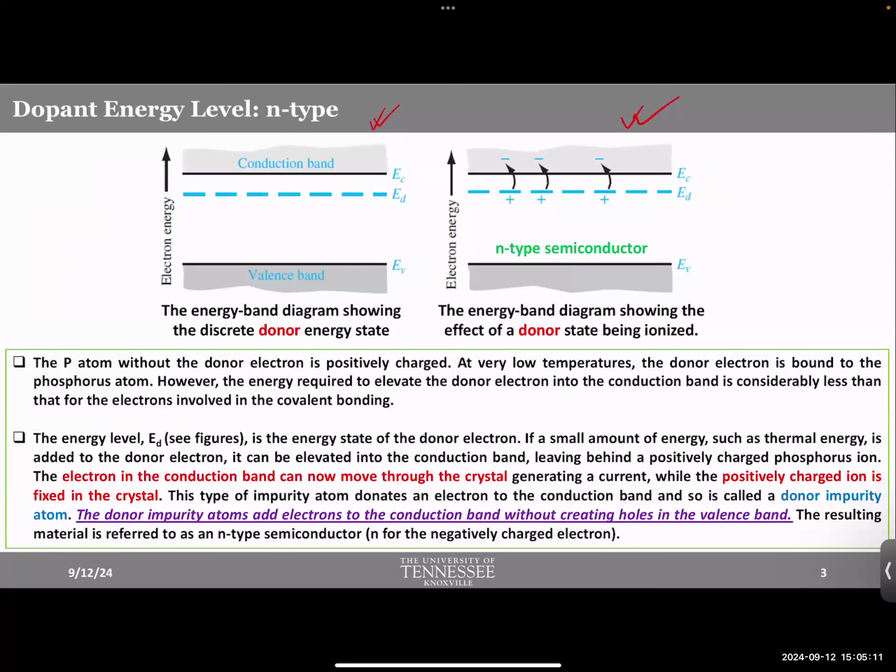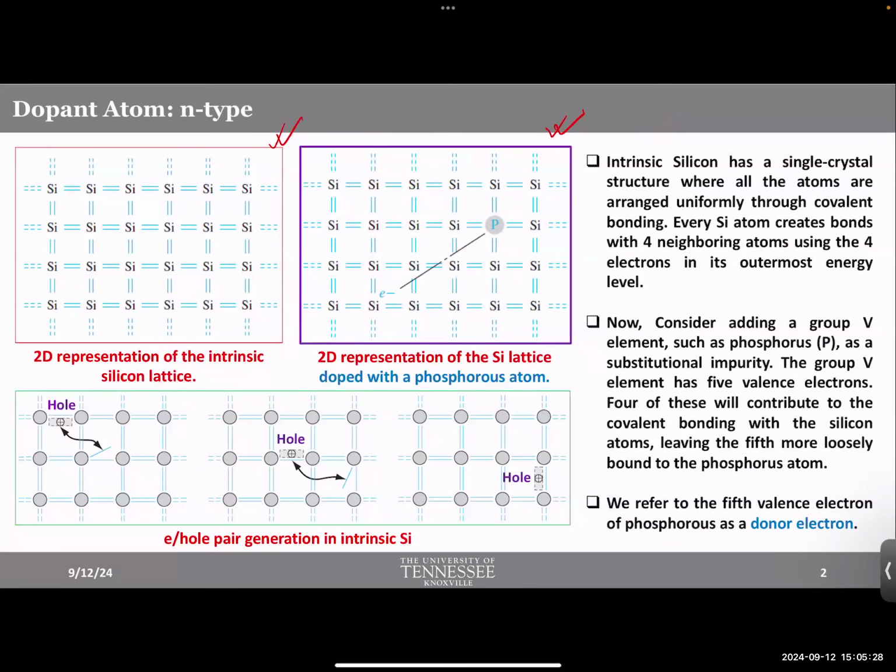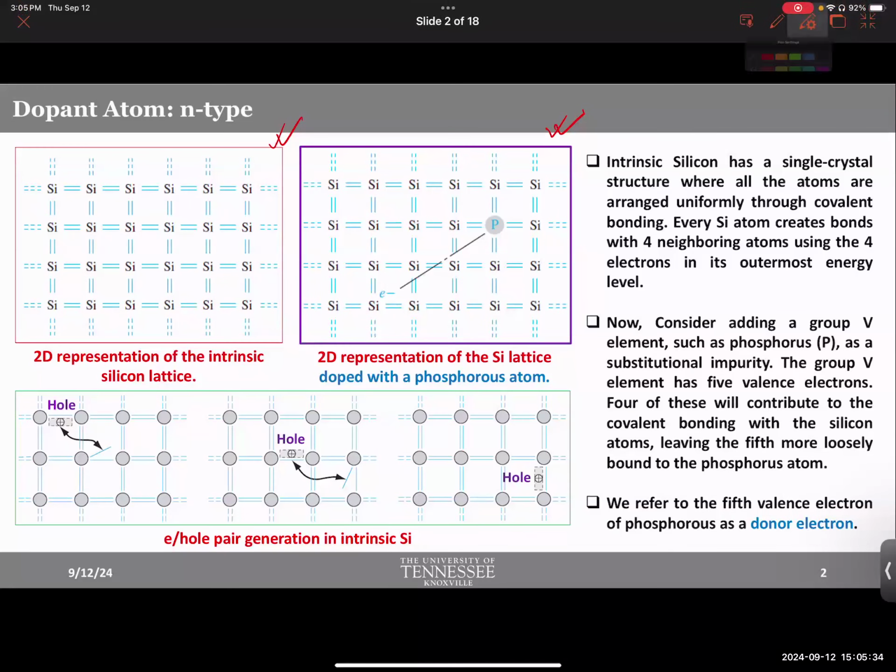When I first showed that slide, we didn't even know what band diagrams are, right? We didn't even know the concept of bands. So now we do. Can we try to merge these two concepts together and see what happens when you have an N-type semiconductor? How does the band diagram look, versus a P-type semiconductor? And that's exactly what we're going to talk about now.